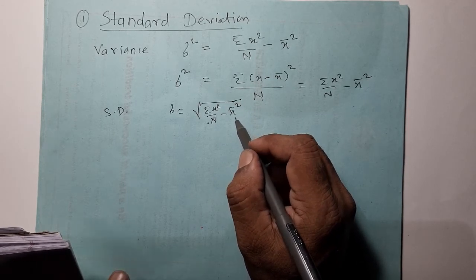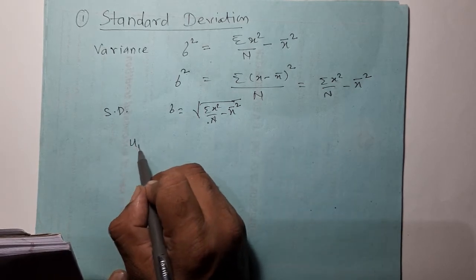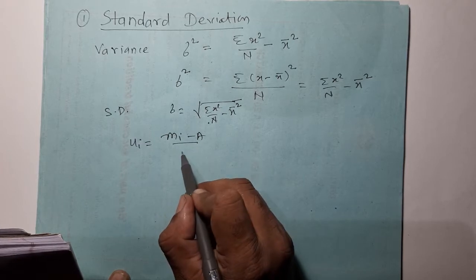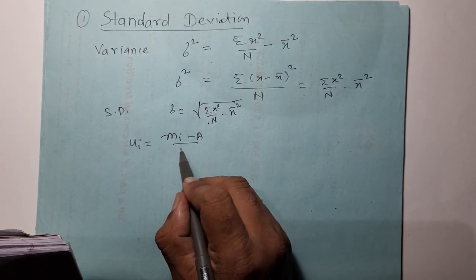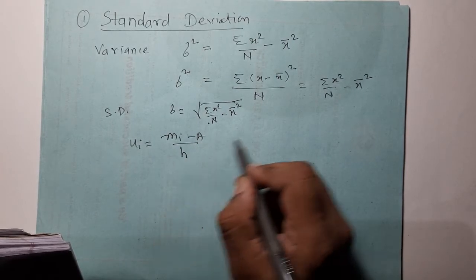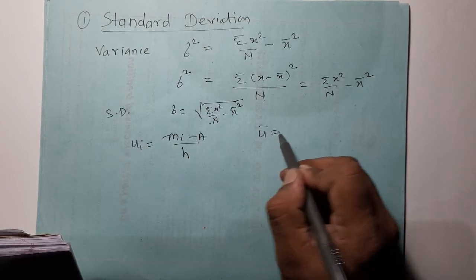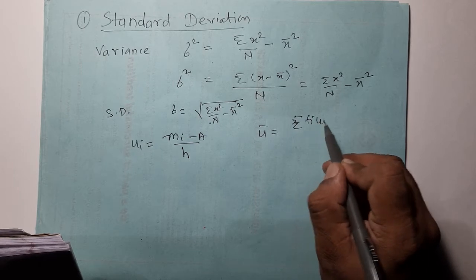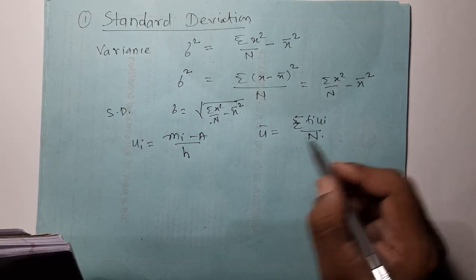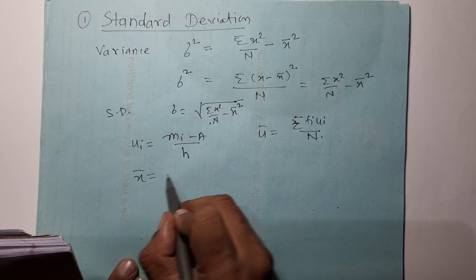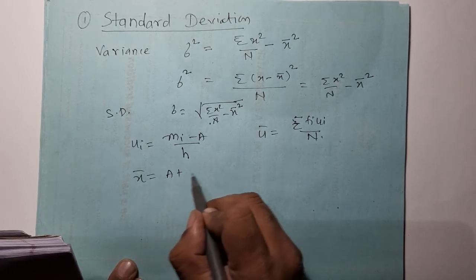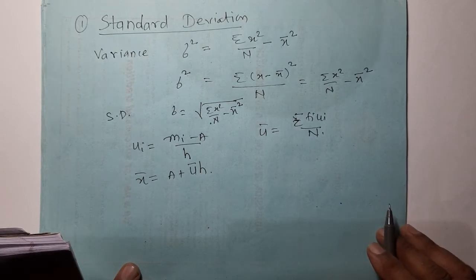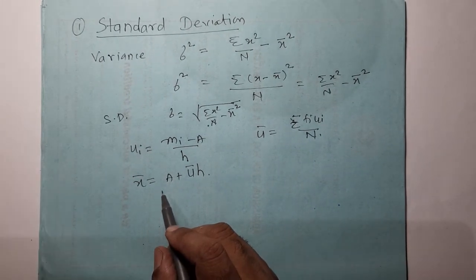For continuous distribution, if you write ui equal to (mi minus a) by h, just as we have seen in measures of central tendency, then u bar is equal to sigma summation fi ui by n, then x bar is equal to a plus u bar into h. Just we have seen the formula like that.